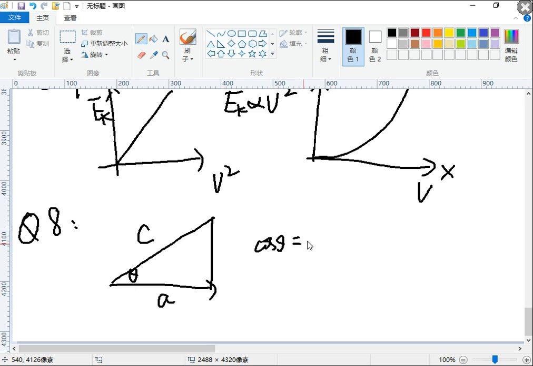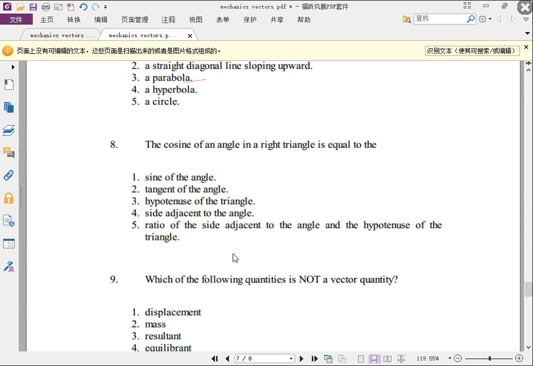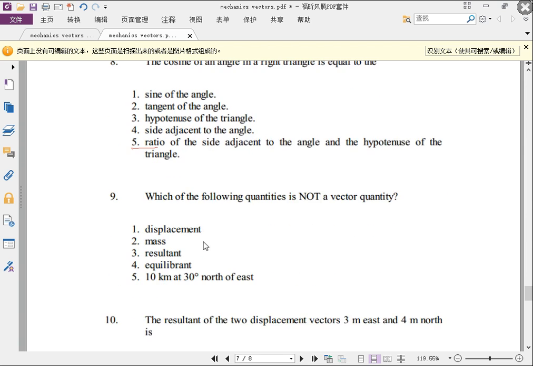Cosine theta equals A over C. Okay, what about sine? Sine is the opposite edge over the hypotenuse.